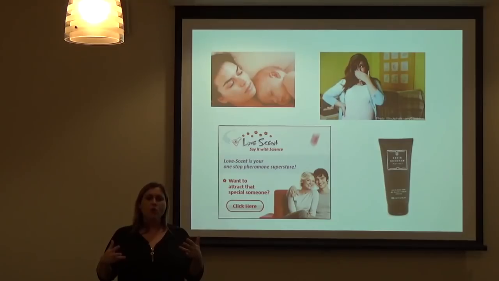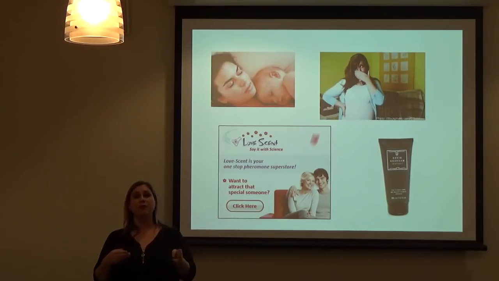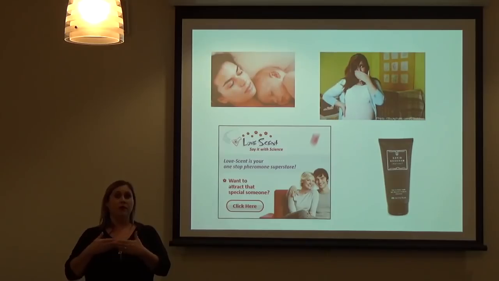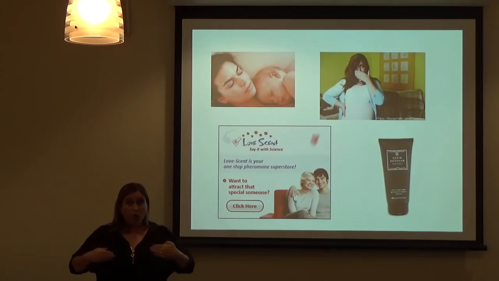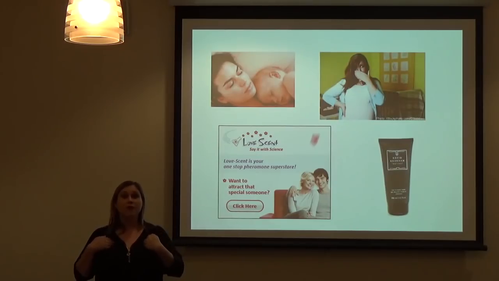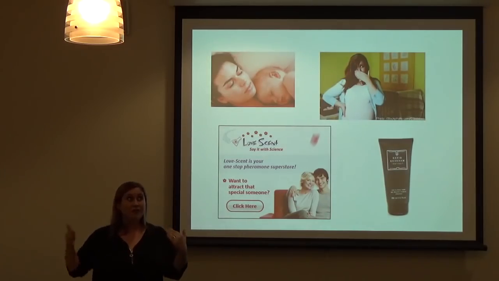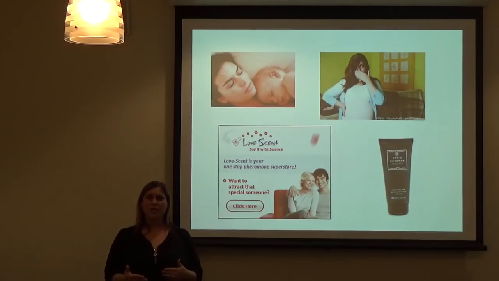And people tend to like the smell of people who have a very different major histocompatibility complex than their own. Now, you're going to have a similar major histocompatibility complex to your relatives. Obviously, you have the same genes, and so the immune system is shared within a family. It's passed on by genes.